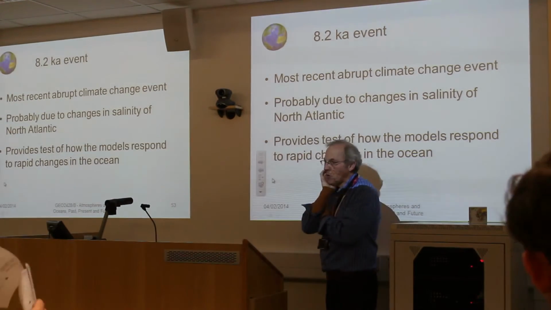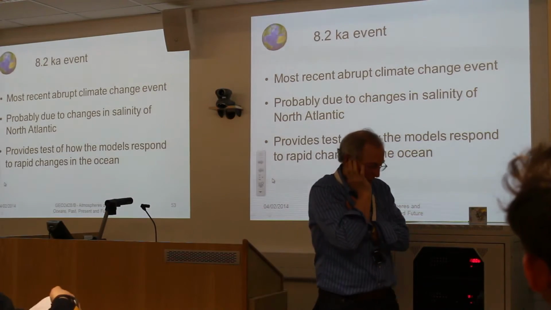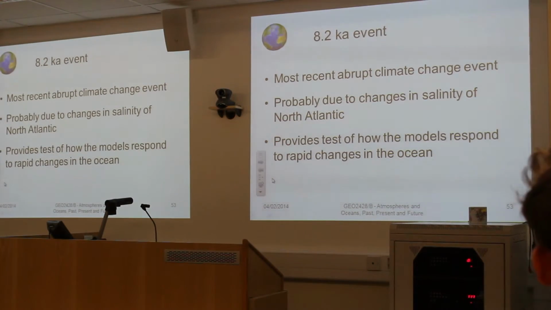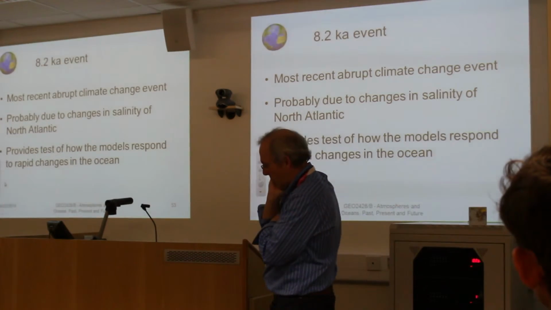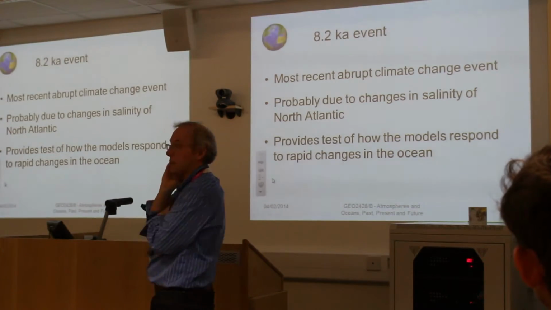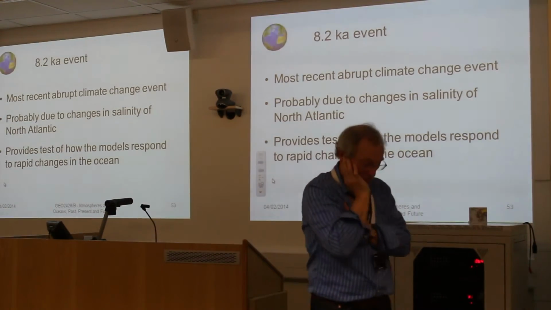The 8.2 event is a really useful event. This was the last and only major abrupt climate change in the Holocene. It was a short, very cold snap, especially in the North Atlantic and Northwest Europe.